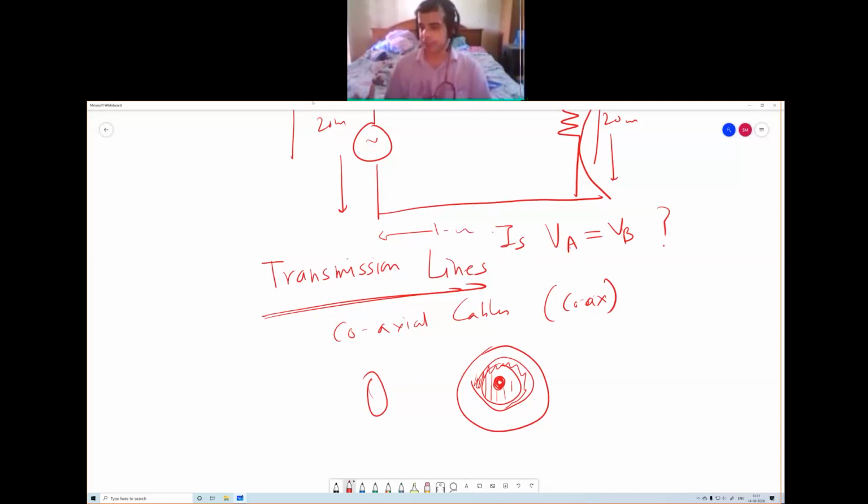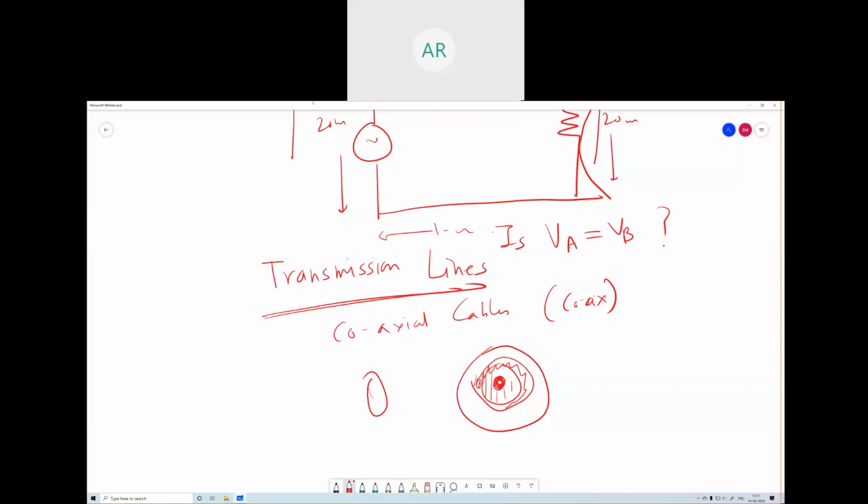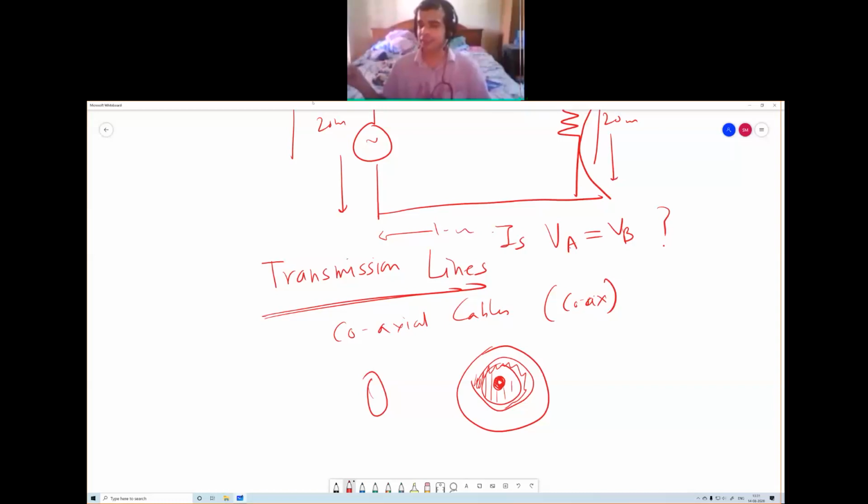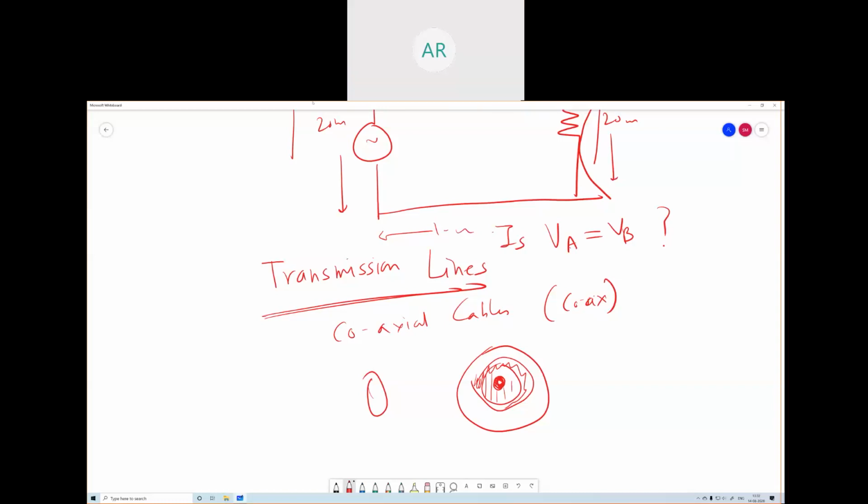Now transmission lines are examples of distributed circuits. Remember in the very first class which I took in your first year, I told you about lumped circuits and distributed circuits. Remember lumped components and distributed components? What was a lumped component?